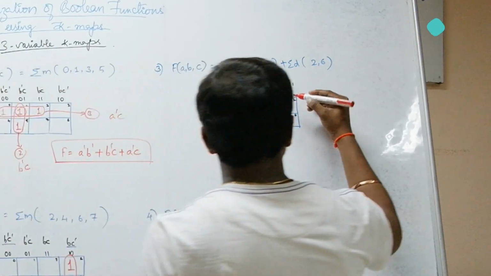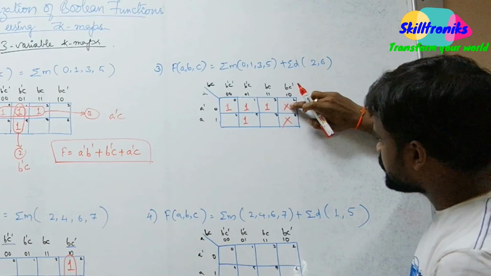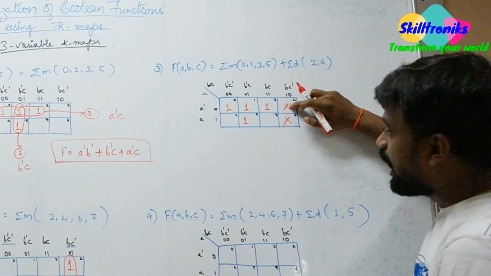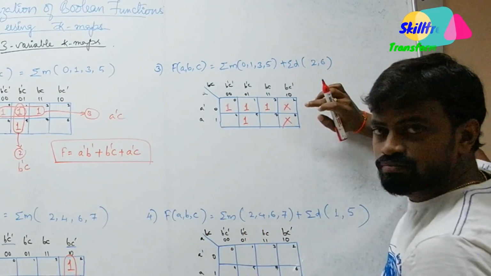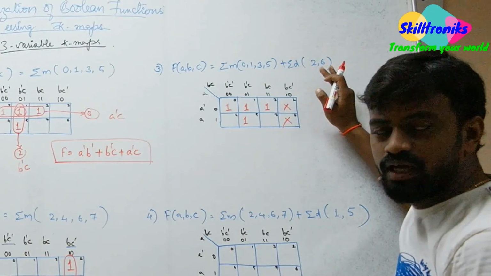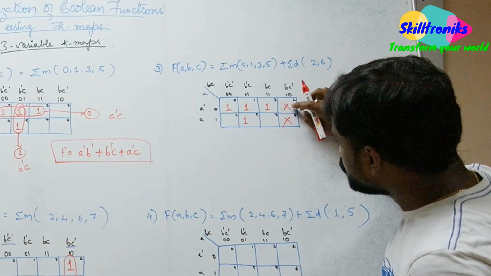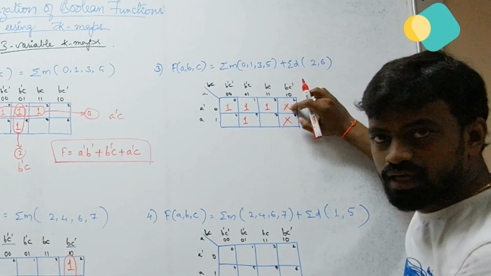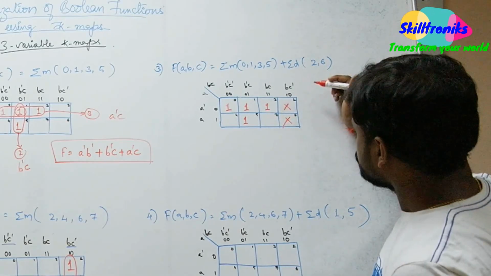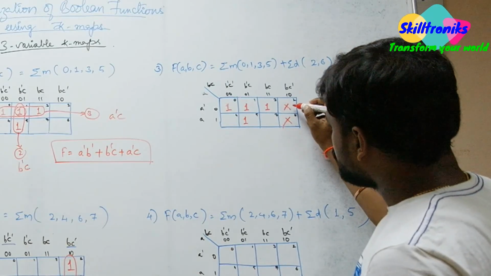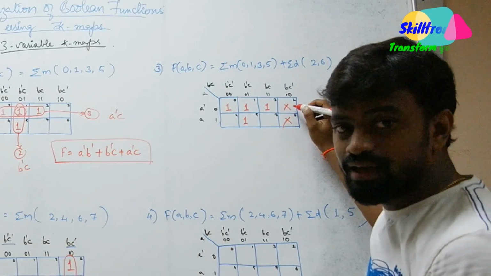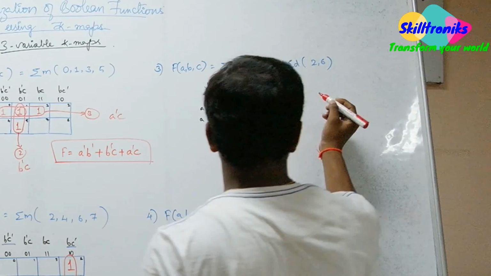So here, if I consider this don't care as 0, I cannot form a quad. But according to the rules for the K-map, it is always preferable to form a bigger size group. So if I assume this don't care to be 1, I can form a quad. So I prefer this don't care to be carrying a value 1.